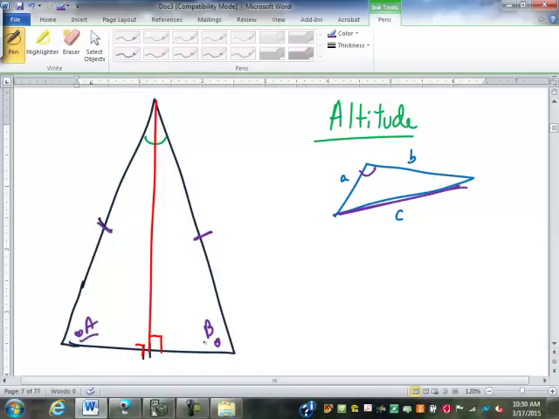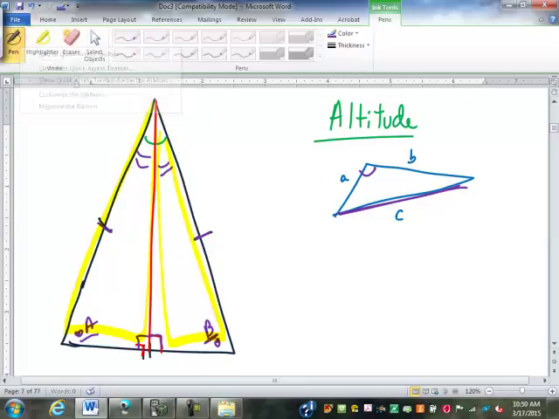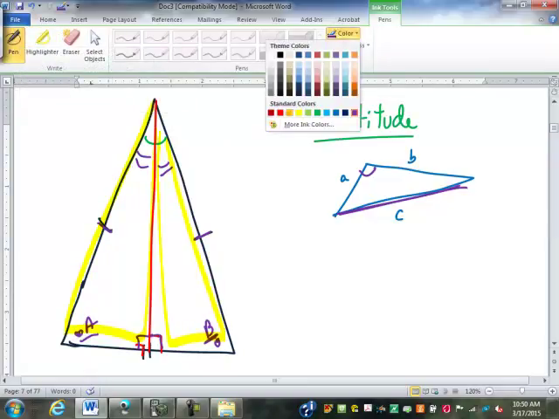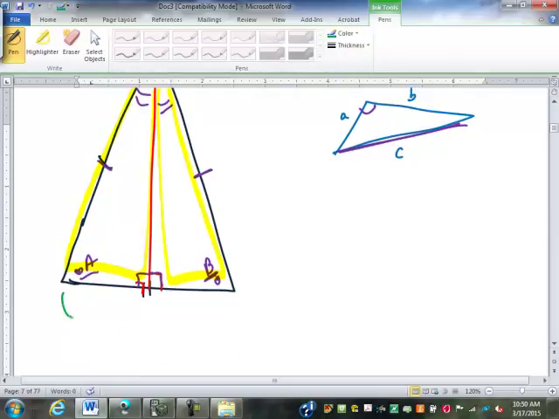Because those angles are the same, and this is a 90-degree angle on both sides, guess what? This angle up here has to be the same. So what this altitude does is divide this isosceles triangle into two congruent triangles, two equal triangles. So what does that mean? That means the altitude cuts this side in half.